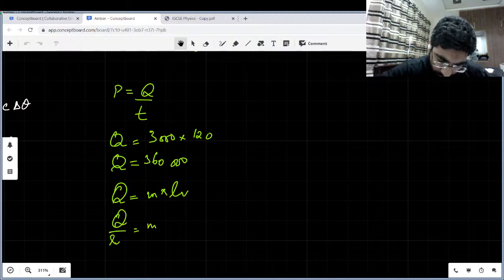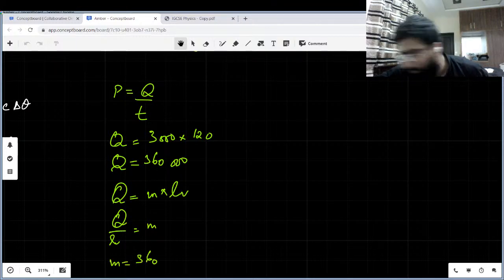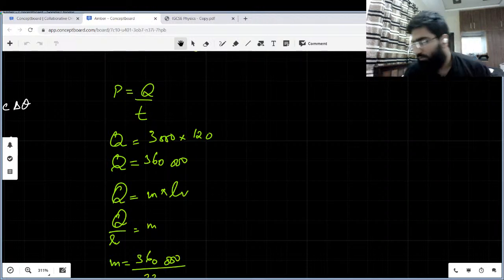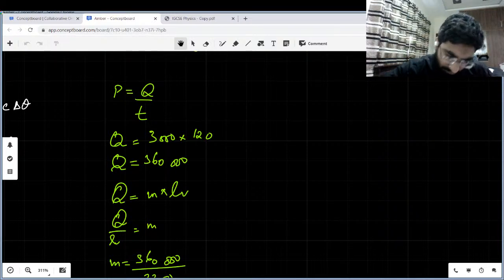Mass is equal to 360,000 divided by latent heat of vaporization, 2300. Divided by 2300 you get roughly 157 grams.